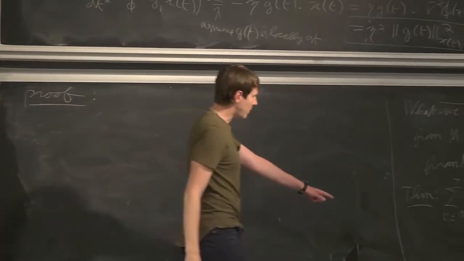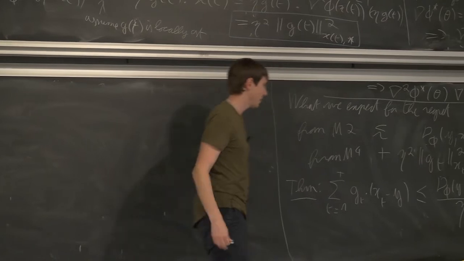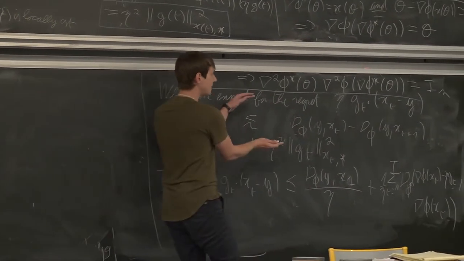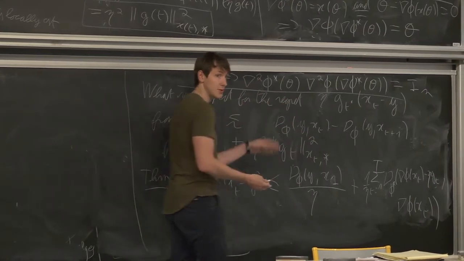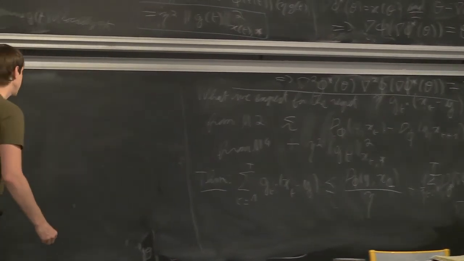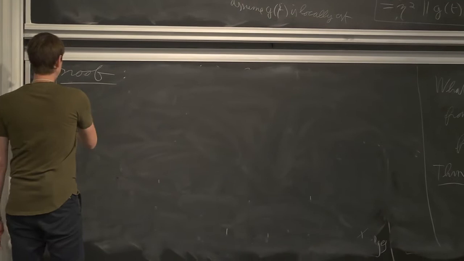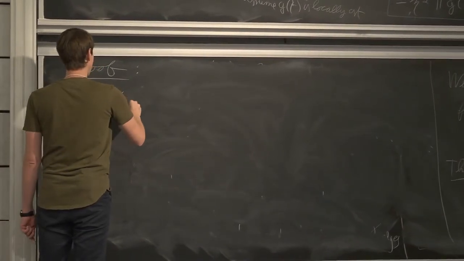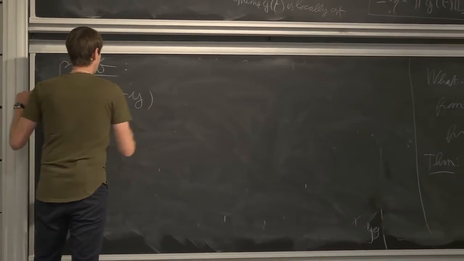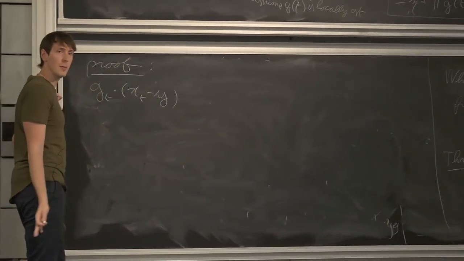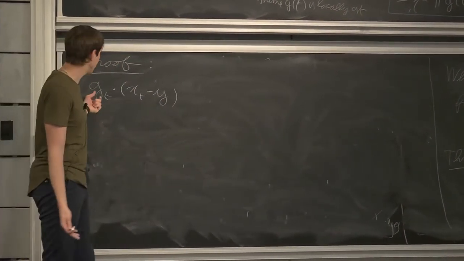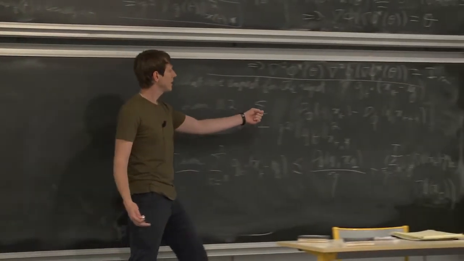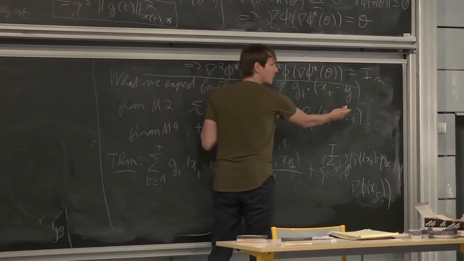I want to bound this thing. Let's take it term by term, and I want to be guided by what is written here, the continuous time thing. So let's take it term by term. G_t inner product with x_t minus y. What do I know about those terms? I want to make G_t disappear, because G_t disappears in the first order term.